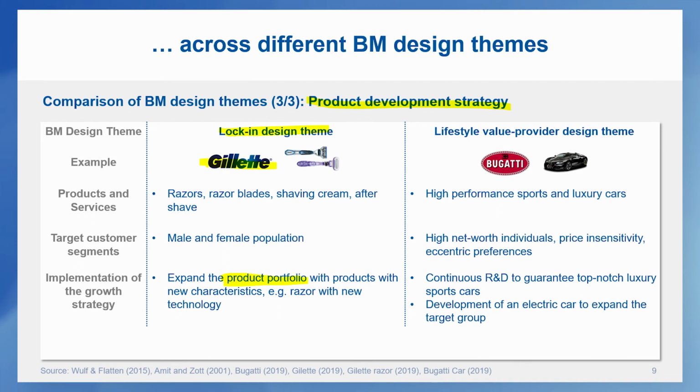Same for Bugatti. They also followed a product development strategy, however, with a different design theme. It's more the lifestyle value provider design theme, with new models, also with an outlook to electric cars to expand the target groups and so on.